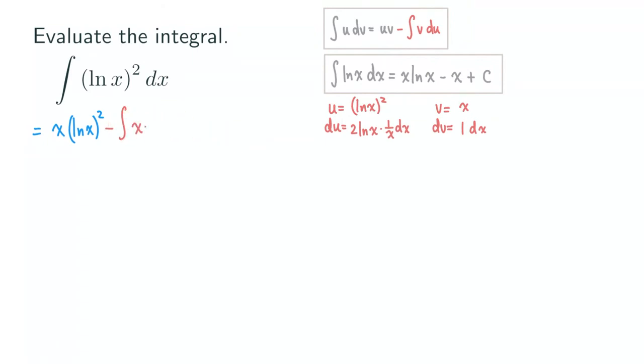And then times, what is the du? The du is all this stuff right here, so it will be 2 ln x times 1 over x dx. So we have 2, and then ln x, and then times 1 over x, and then the dx.